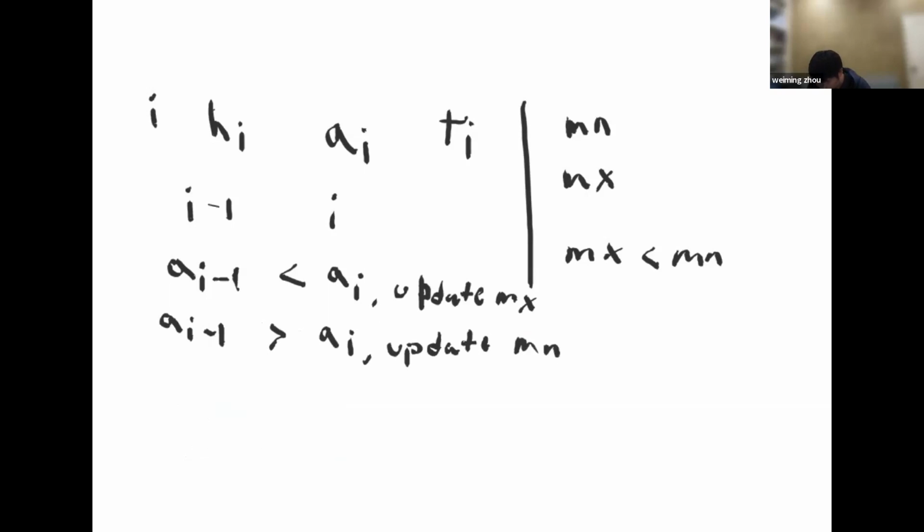So then the final case is when the I minus 1th tree and the ith tree grow at the same rate. In this case, we only care about the initial heights of these two trees.